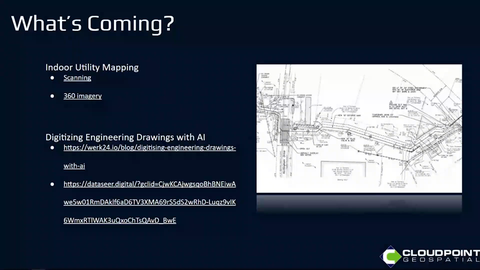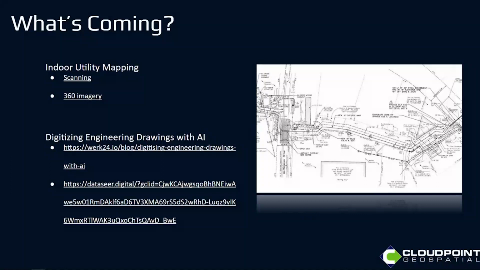Last thing I wanted to mention coming down the pipeline is digitizing using AI. This is a really powerful tool. I just learned about this recently, but now they're reading engineering drawings with AI rather than using just OCR, the recognition for text. Now they're starting to be able to recognize not only text, but also shapes and symbols.